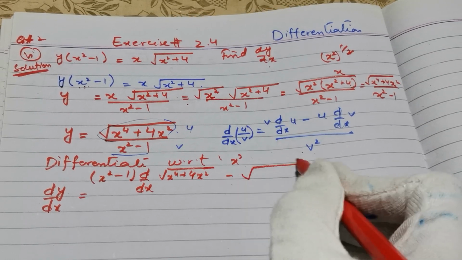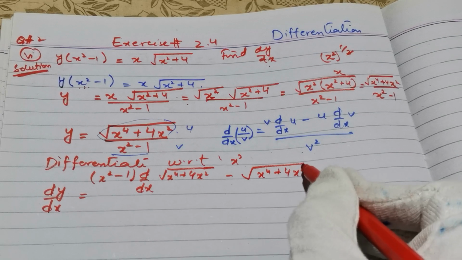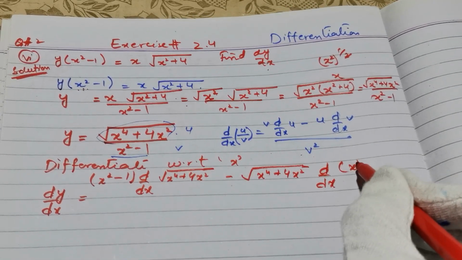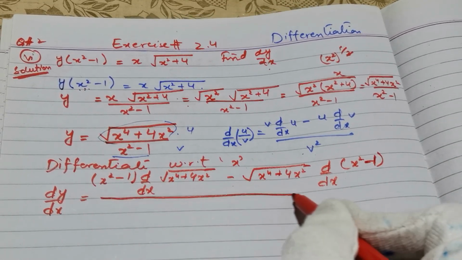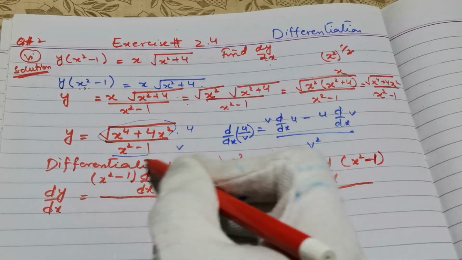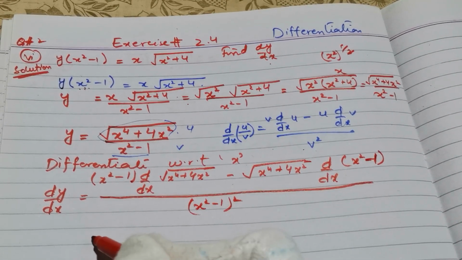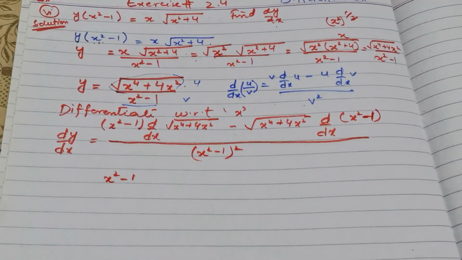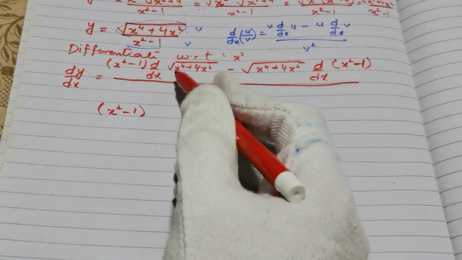U is under root x4 plus 4x square, derivative of v. V is x square minus 1, whole divided by v square. V is x square minus 1 square. Now x square minus 1 as it is, x square minus 1 as it is.